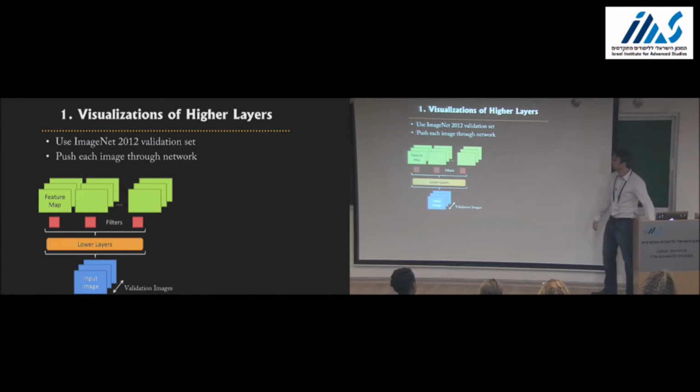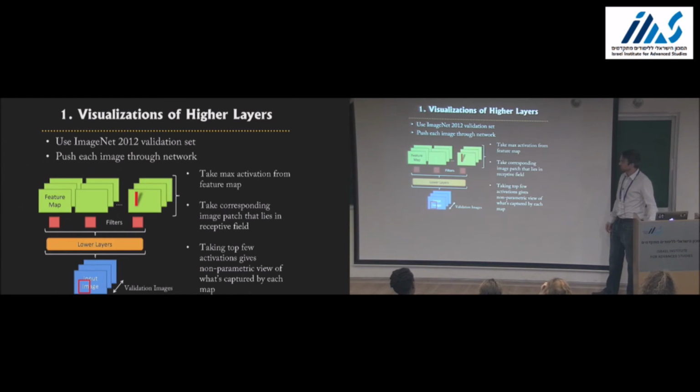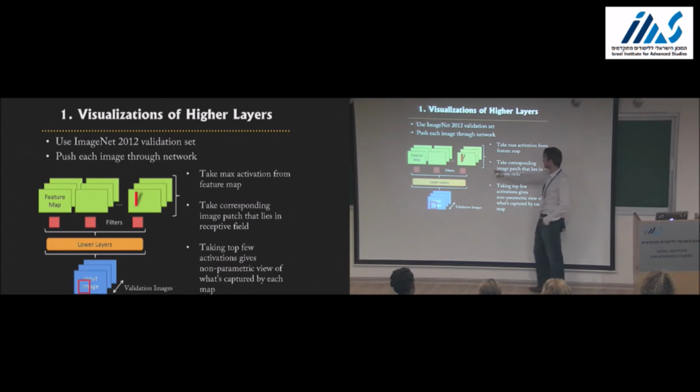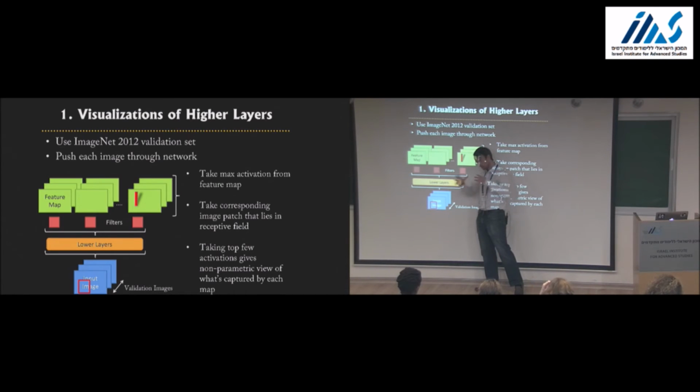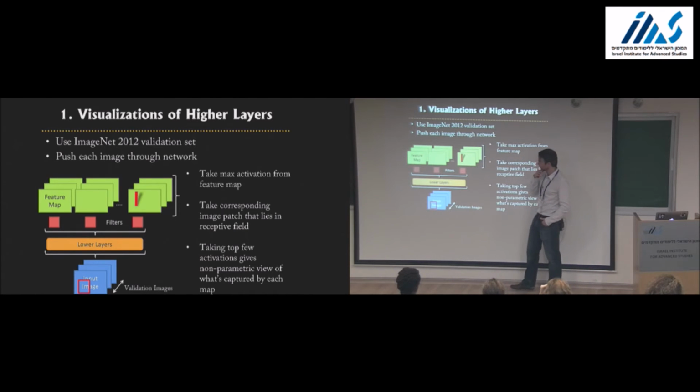Then the simplest thing to do is to take a particularly strong activation, say in one of the channels here, the strongest one over the whole validation set. Then you can figure out the corresponding image patch at that location: the center pixel, and you can work out the spatial extent by knowing how many pooling layers and the dimensions of the convolution kernels between the input and this particular layer.